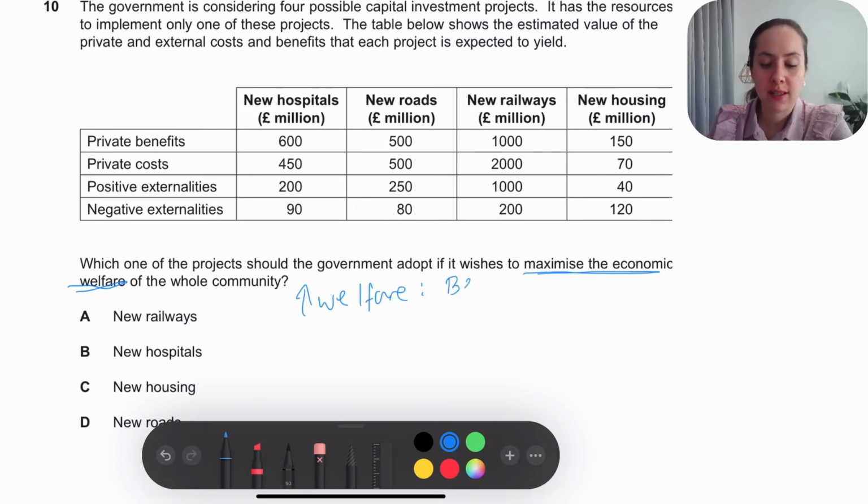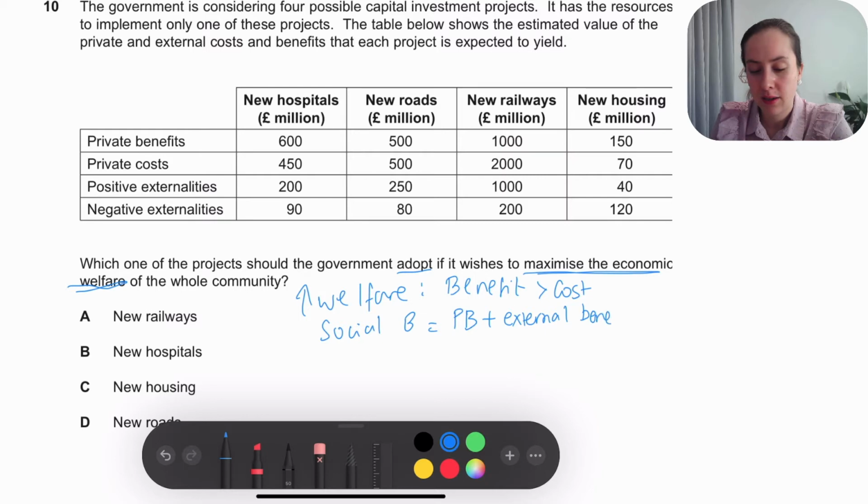You want to produce things that have a higher benefit to society than cost, because the government is thinking of doing a project. So you want benefits that are higher than the costs. Okay, so to add up the total social benefits, you want to add up all the private benefits plus any external benefits going on here.